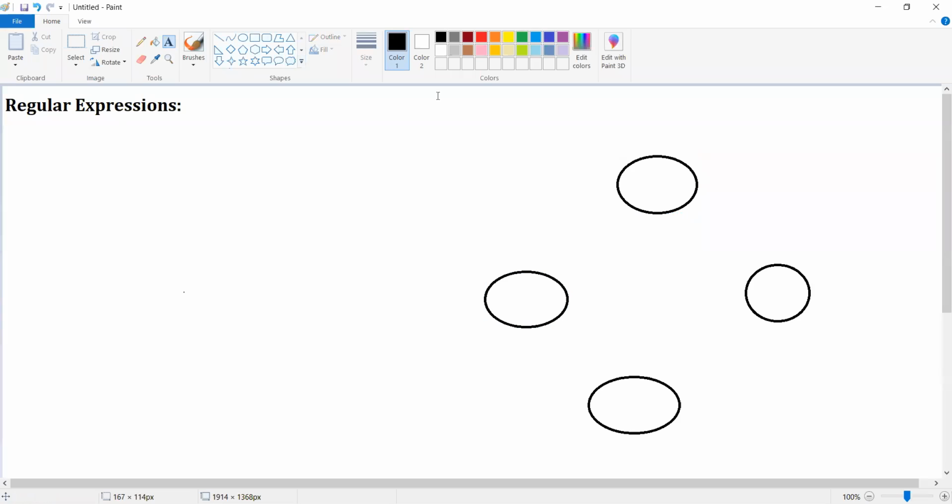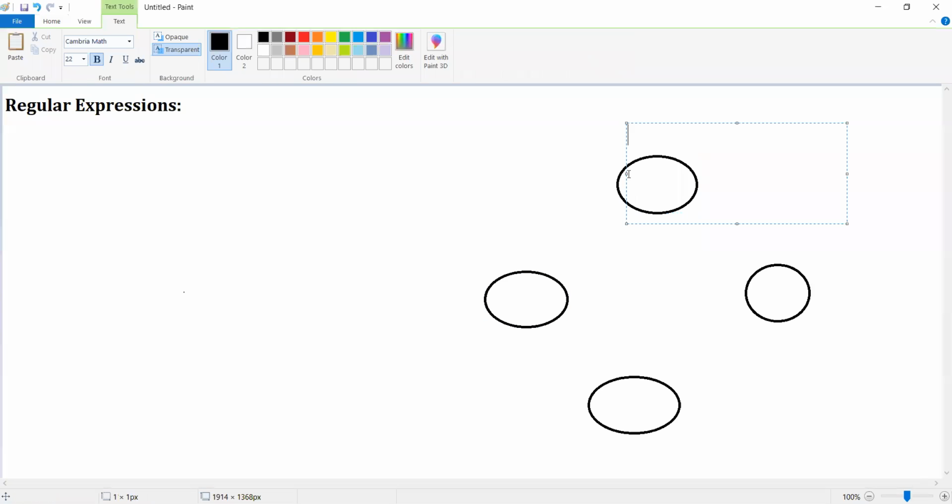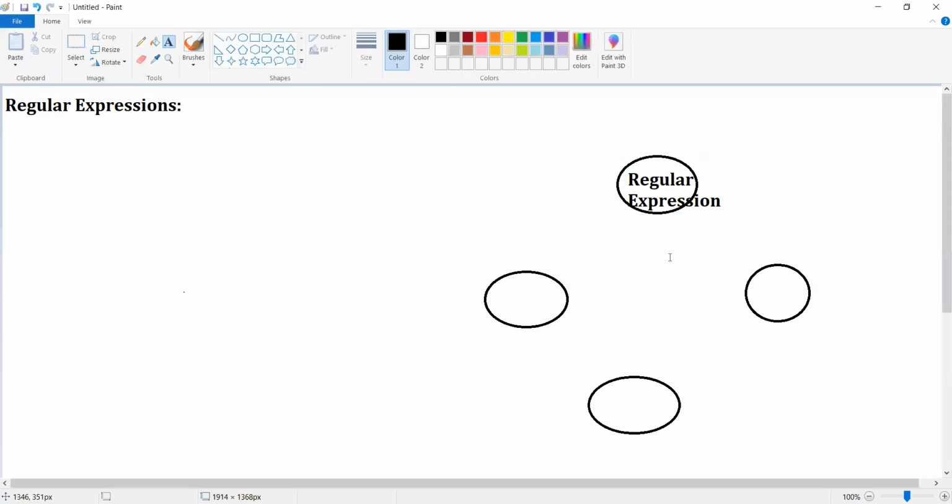Please try to understand the first one. The first cycle represents the regular expression.